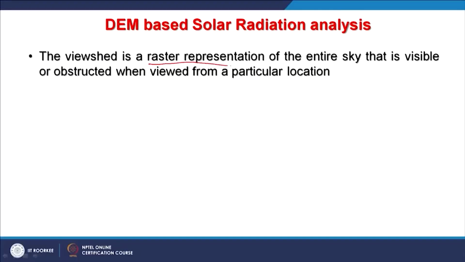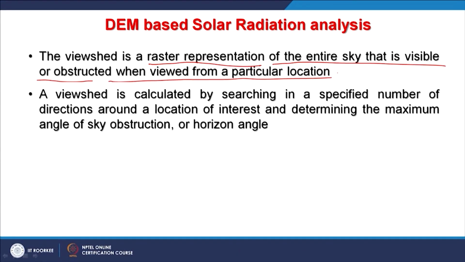Now, the viewshed, because we are handling raster or grid data, is basically a raster representation, because the basic input data is a digital elevation model, which is a grid or raster. The viewshed is a raster representation of the entire sky that is visible or obstructed from a particular location.